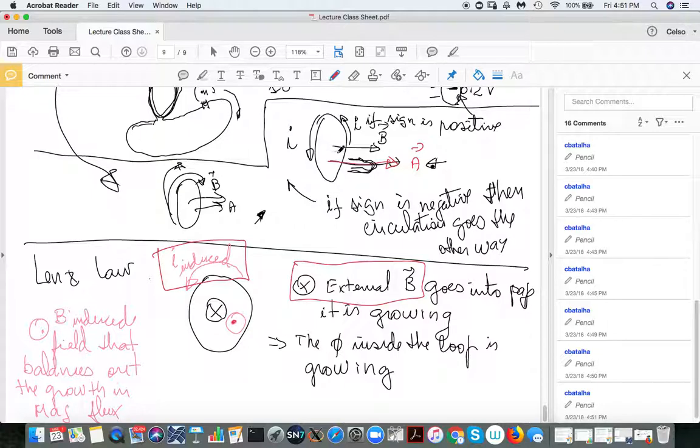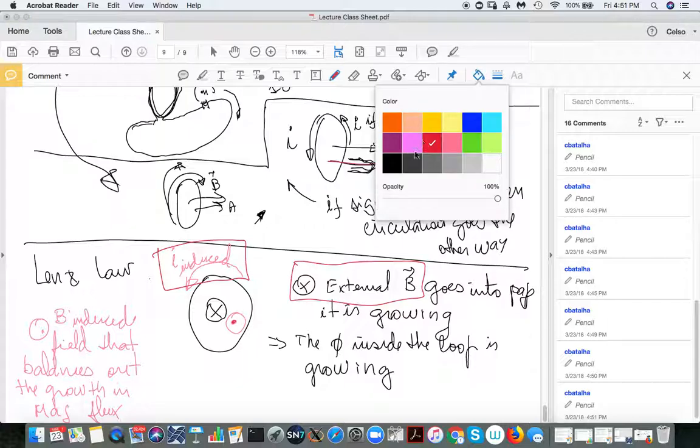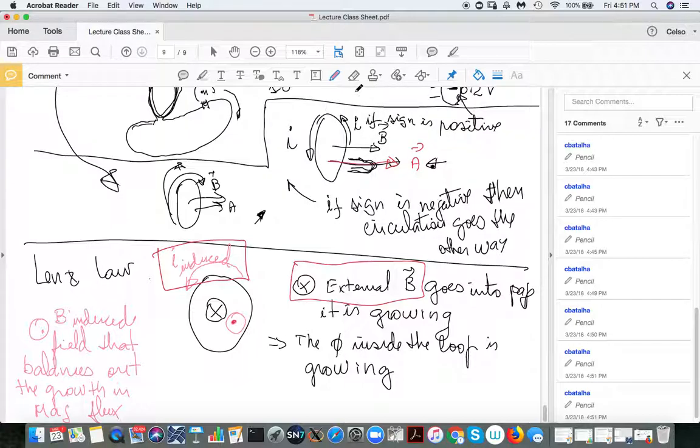So let's apply Lenz's law to the example I did previously. We know the result. The result was that the current should be clockwise as we look in this direction, based on the given situation. So let's see if that is true.